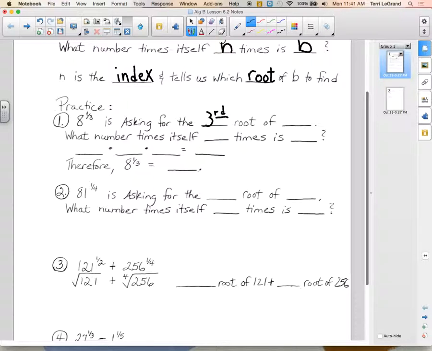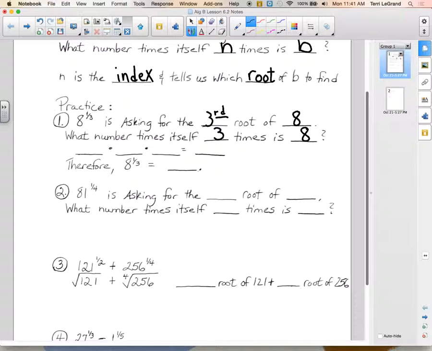That's our n value. Our n is 3 this time, of 8. 8 is our b value, our base. So it's asking for the third root of 8, which really means what number times itself 3 times is 8. We were just doing that at the beginning of class with our powers table. Is there something multiplied by itself 3 times, taken to the 3rd power, that gives you 8?